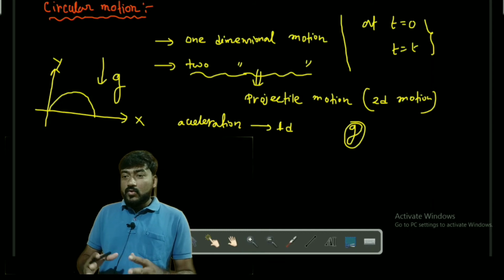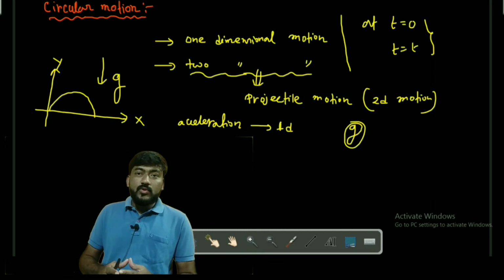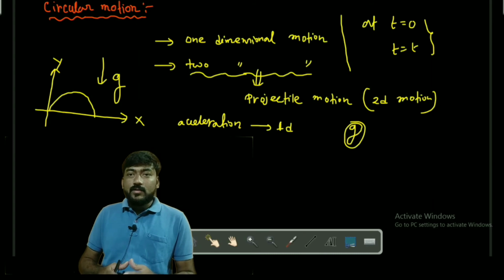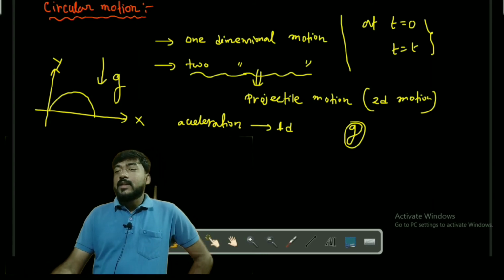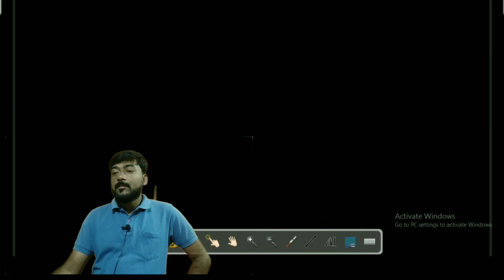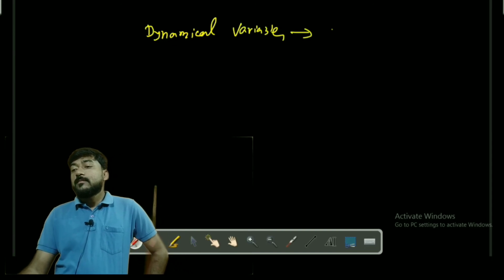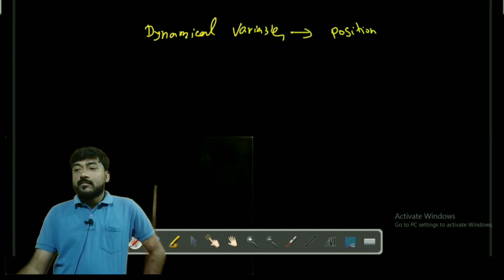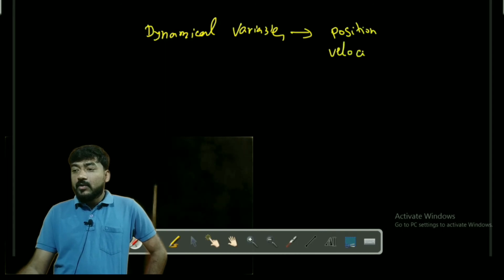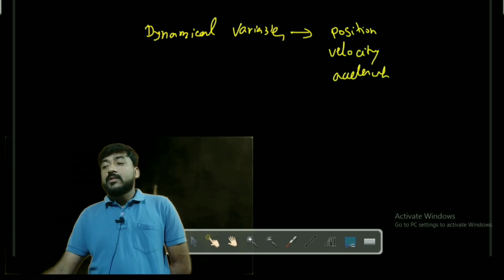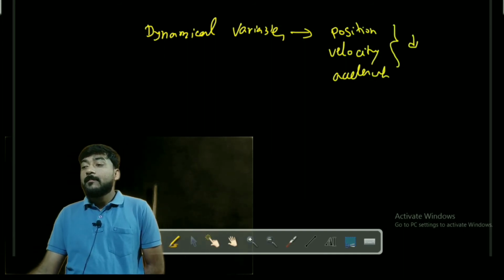Whenever you want to study any kind of motion, you have to define some dynamical variables. For one dimensional motion the dynamical variables were position, velocity, acceleration, and displacement also.